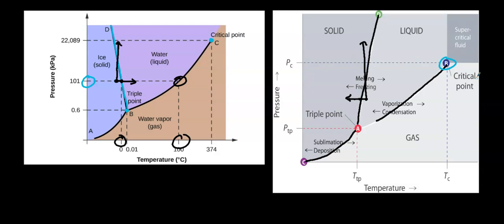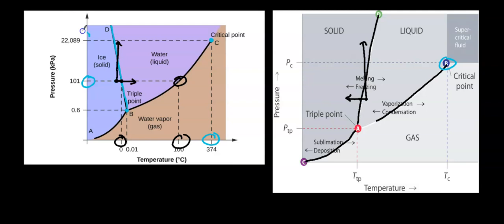So here's the thing. For water, that happens to be 374 degrees Celsius. You get to a point where no matter how much pressure you apply, you cannot have a liquid, really, is what a supercritical fluid is. It's kind of a liquid, kind of a gas. The particles are moving so fast that no matter how much pressure you apply, you can't cause them really to stick together.